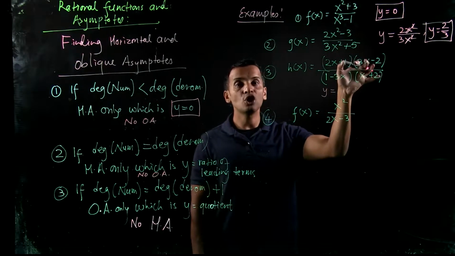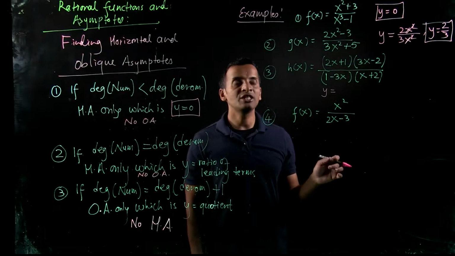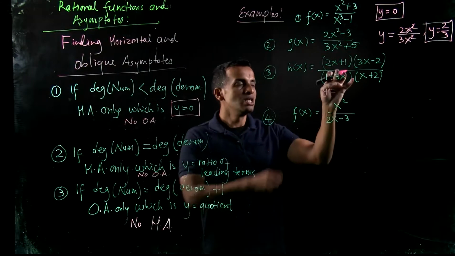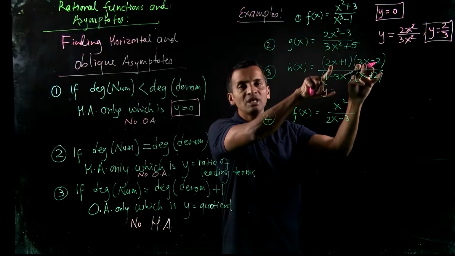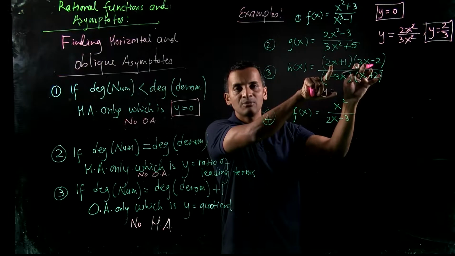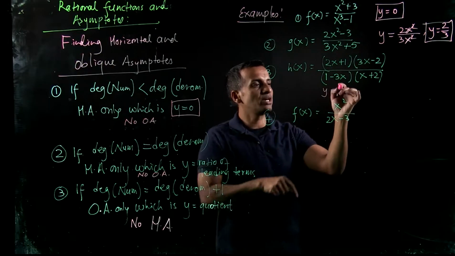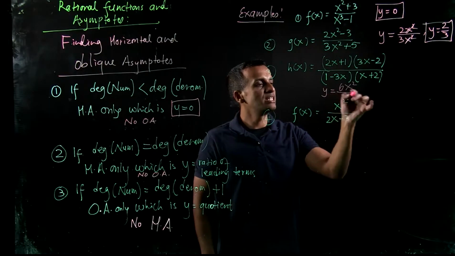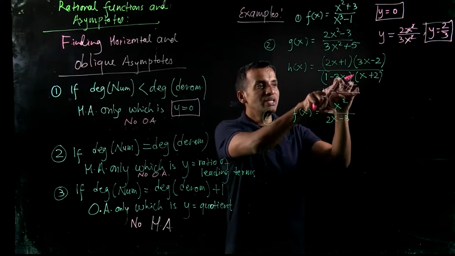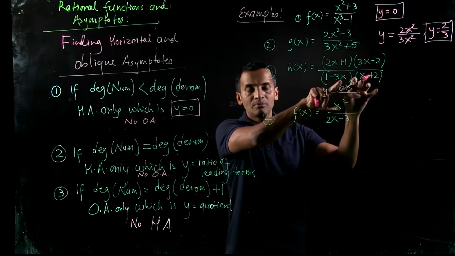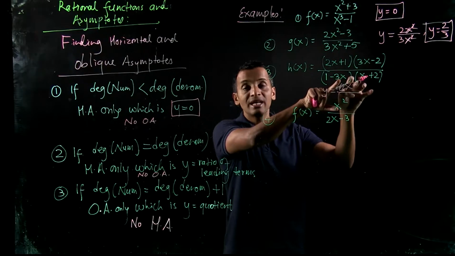If you FOIL the top, what do you get as the leading term? The leading term will be the term with the highest exponent. When you multiply 2x and 3x, that will have the highest exponent, which is 2, so 6x squared. Divided by, on the bottom, 3x and here x, they both have x, so if you multiply you get x squared.